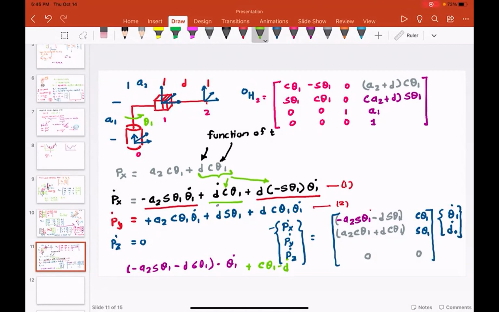It's matrix multiplication. That gives you this. This is this plus this. And the second row, cosine theta 1 multiplied by the different term. So when you multiply this row, this column, you get this. You multiply this row, this column.